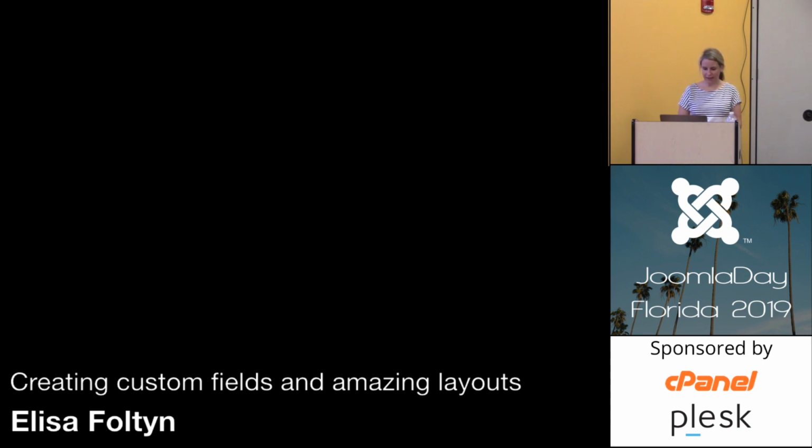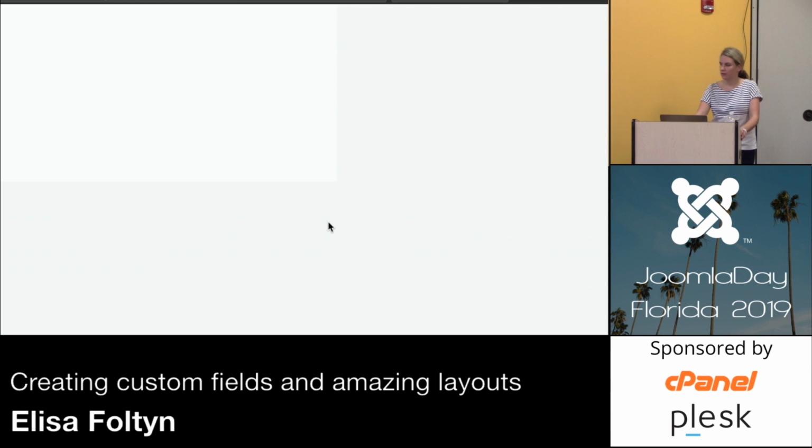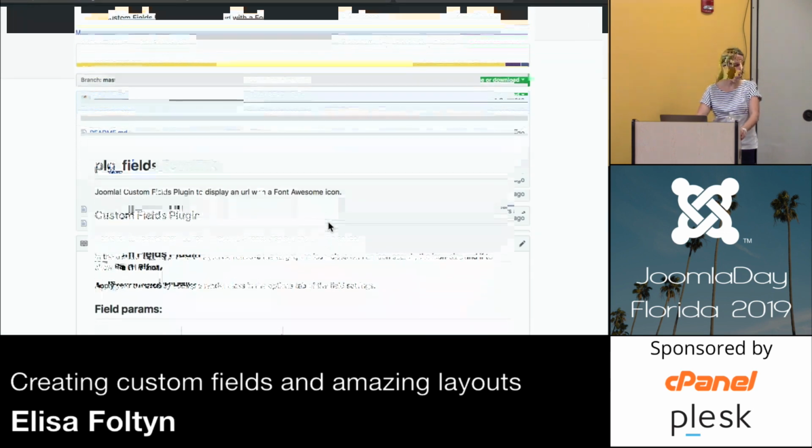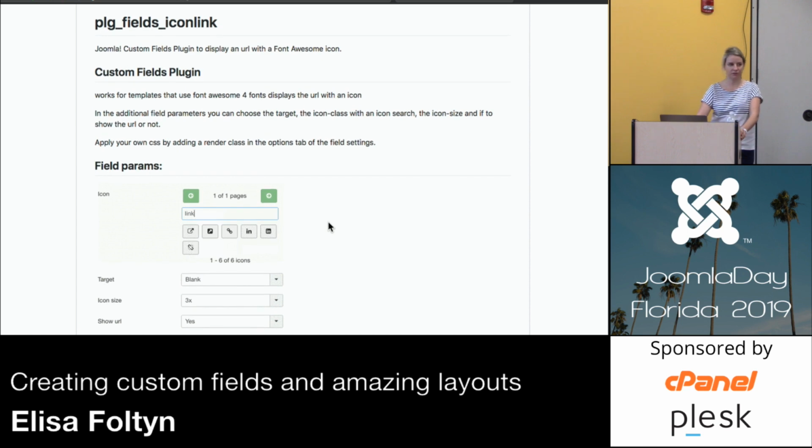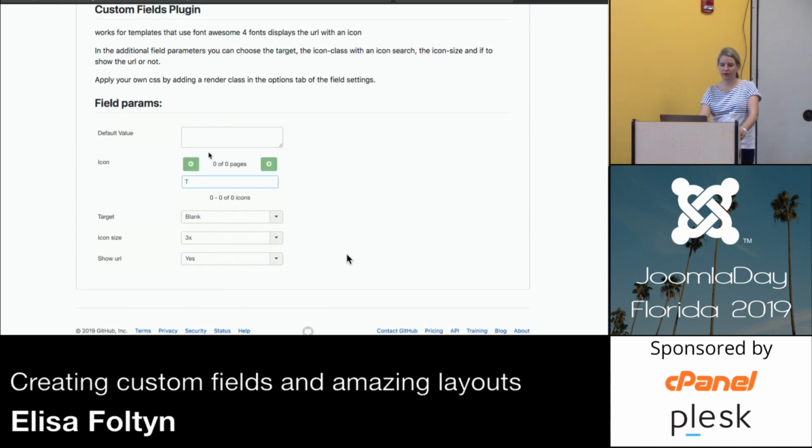There's, for example, the icon link plugin field. I'm on GitHub now, and you can see here the icon link field. You can search for a specific icon class, and it will display the Font Awesome icons that are available with this class.